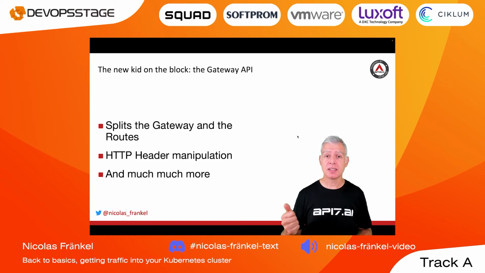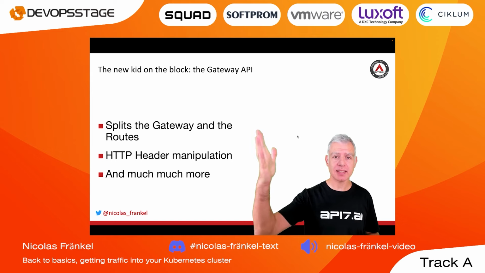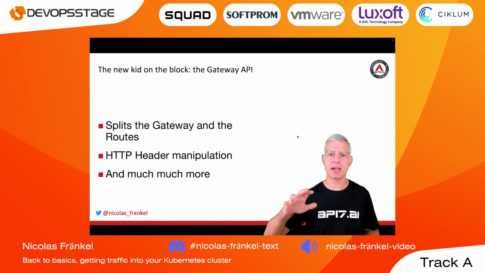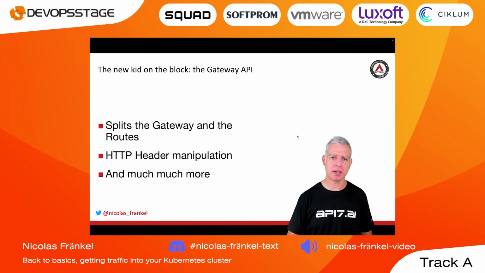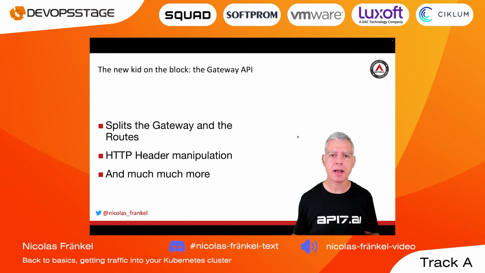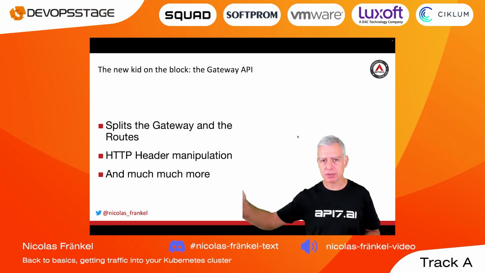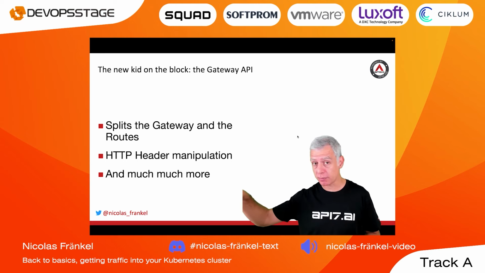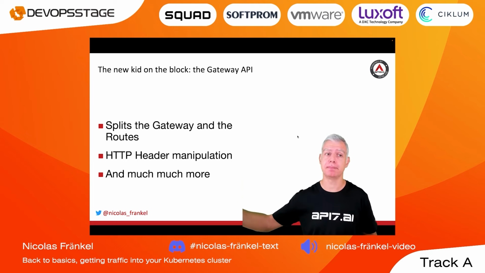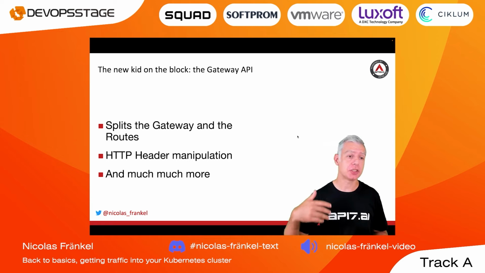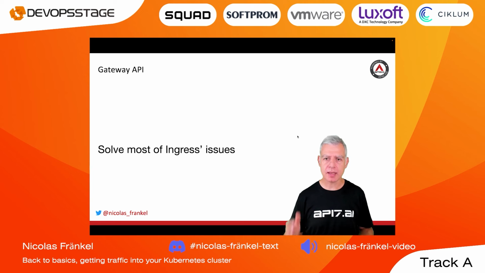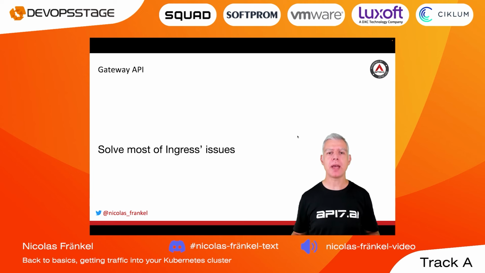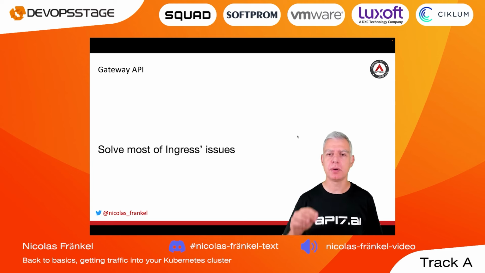First, it splits the gateway itself and the routes, meaning that you can have a gateway object handled by, I don't know, the Kubernetes admin, and then you can have different routes and configuration files handled by each team. Then we can do HTTP header manipulation and much, much more. So again, the idea is that the Gateway API was designed to solve most of the Ingress issues.